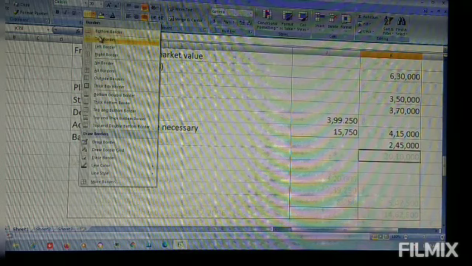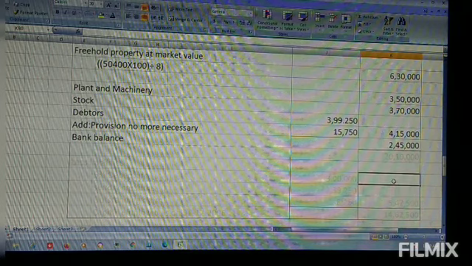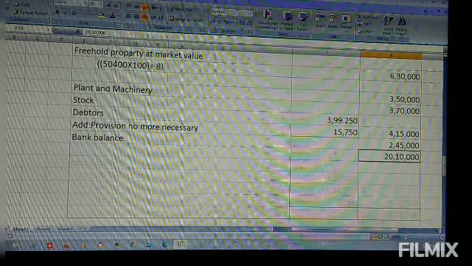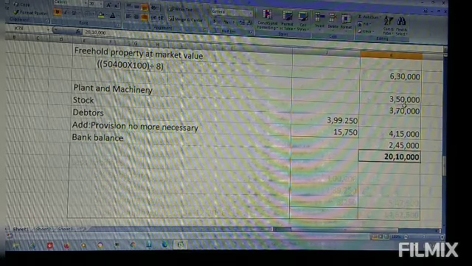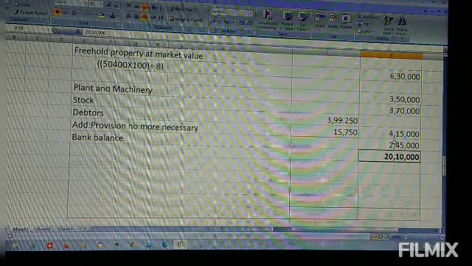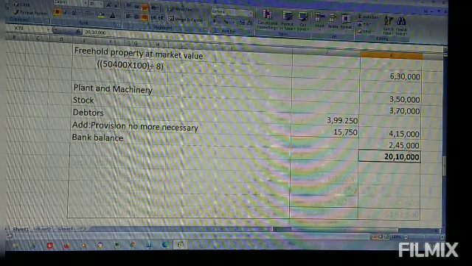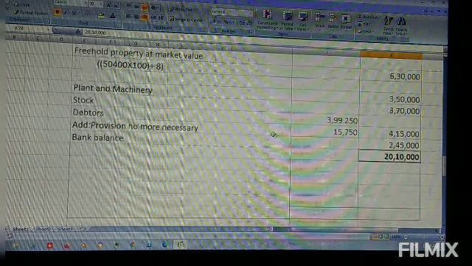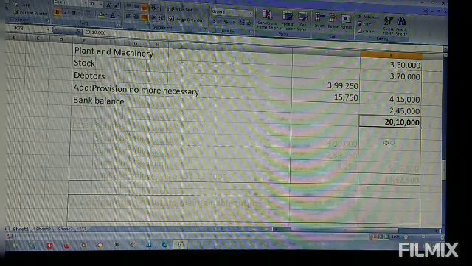If you make the total, how much do we get? The total we get here is 20,10,000. So the total net asset of the company is 20,10,000.